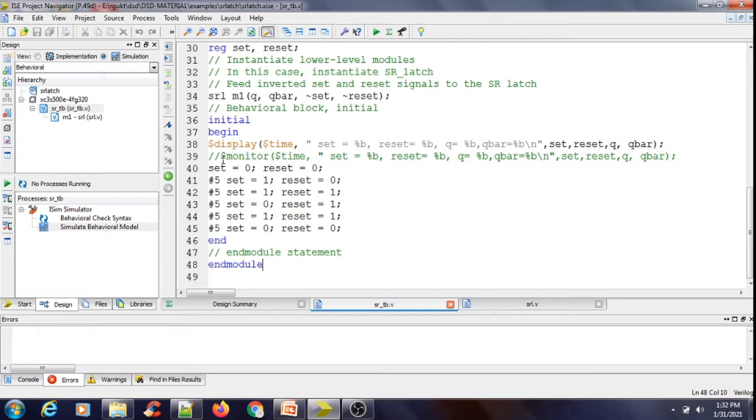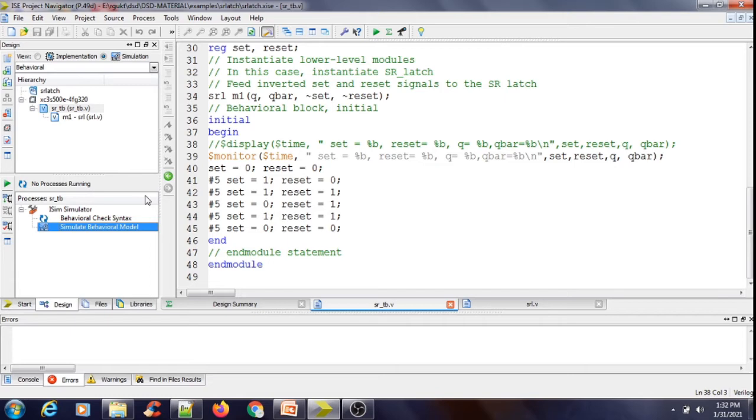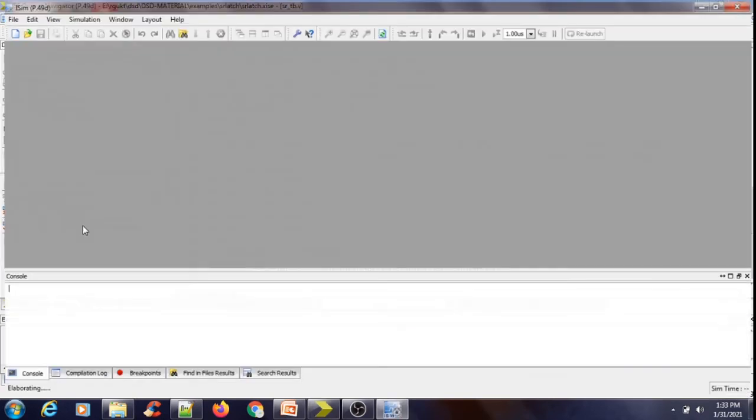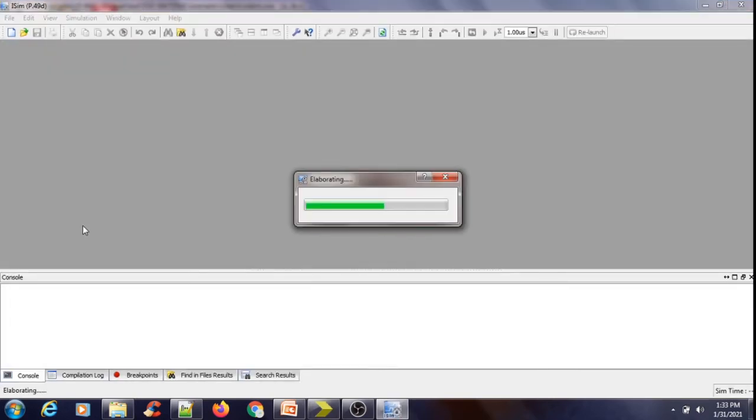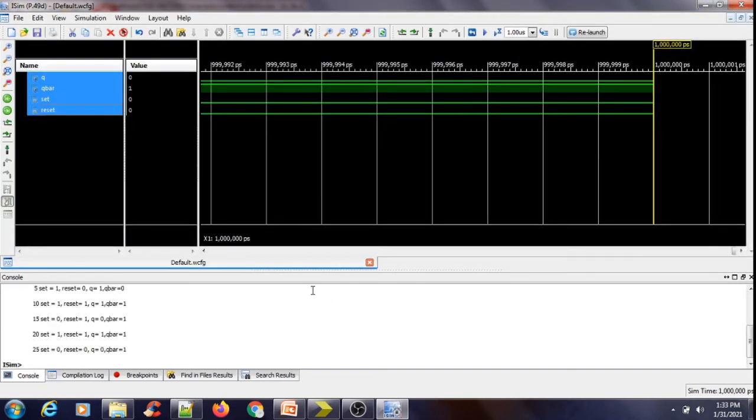Instead of dollar display I will just use dollar monitor, so that I can see all the different input combinations, and again I can simulate the program. Yes, now I can see all the instances.